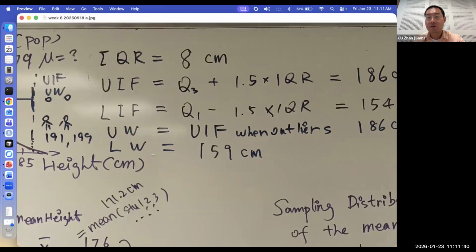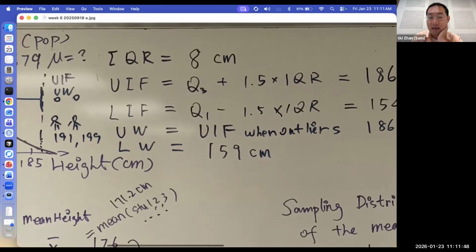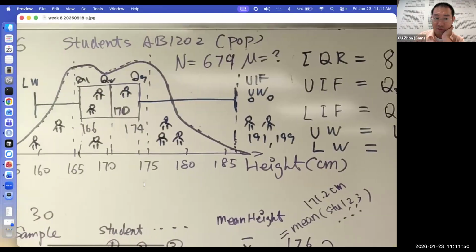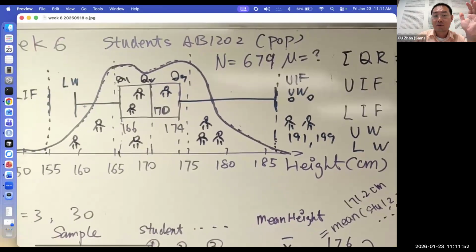So your lower whisker will be at the place of the shortest, or the minimum value, of this random variable height. Okay, so we're good at the moment. We know how to draw a box plot based on the sample.